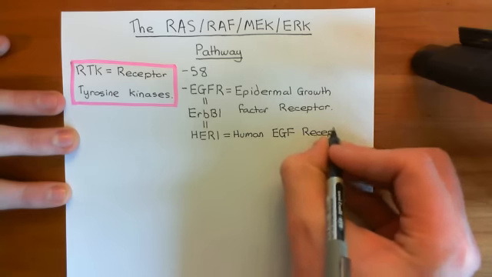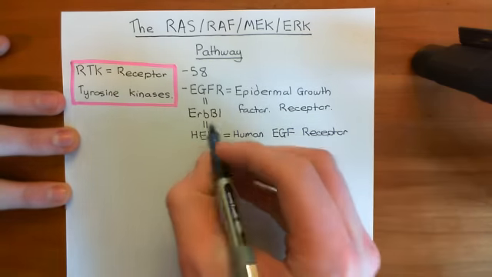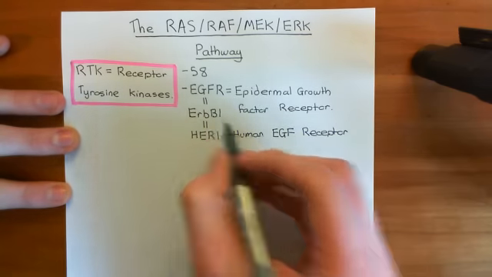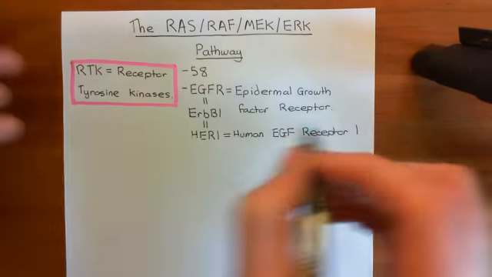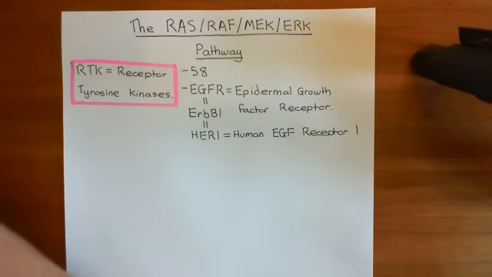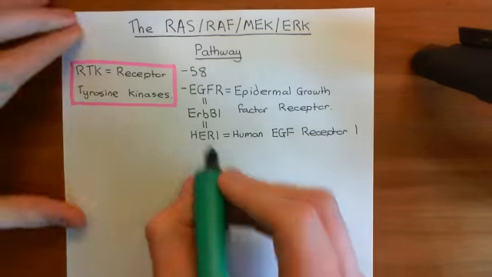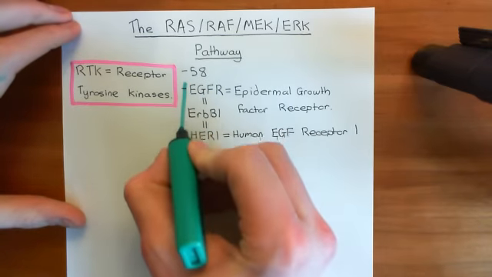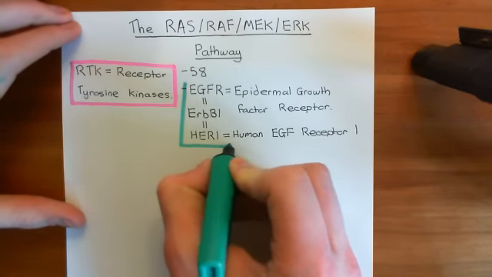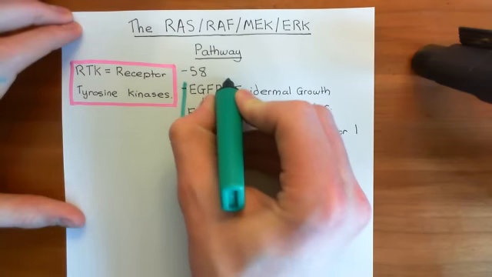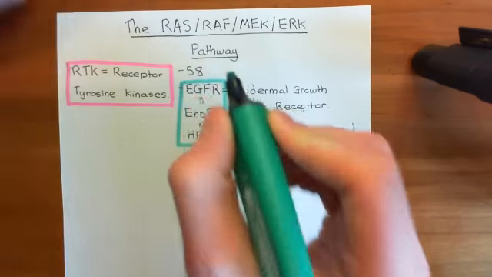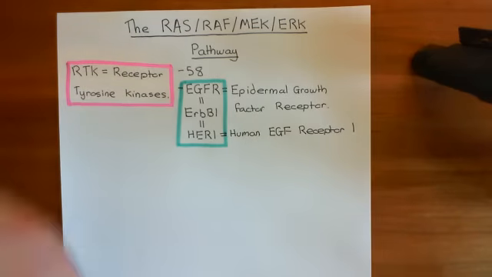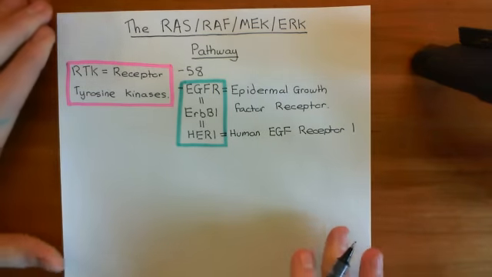And luckily the number matches the number that we have on B1 as well. So these are the three different names for the same receptor tyrosine kinase, which is a receptor for epidermal growth factor. This is the archetypal example of a receptor tyrosine kinase that we're going to illustrate this pathway with.